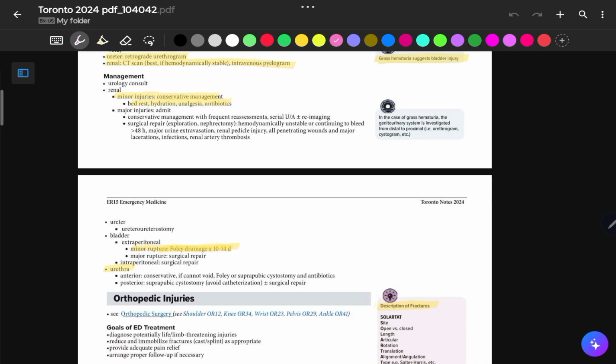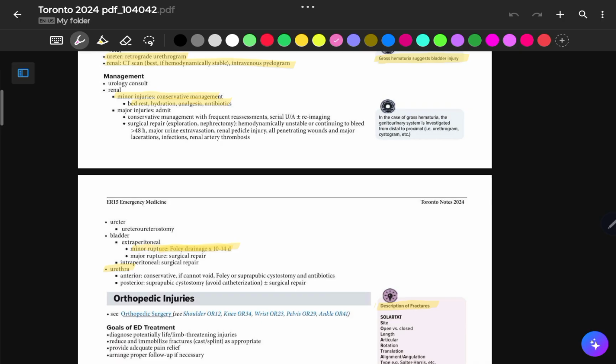For bladder injury, if it's extraperitoneal and a minor rupture, put in a Foley catheter for 10 to 14 days. If it's a major rupture, it might need surgical repair.